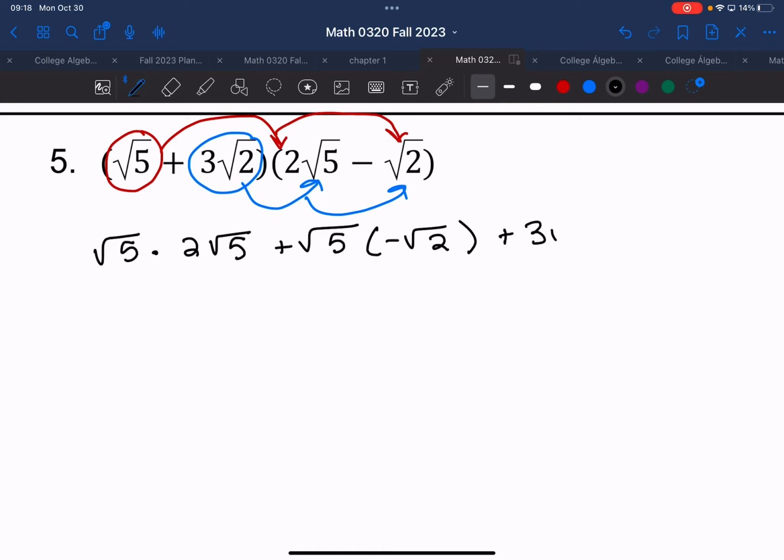So then I have 3 square roots of 2 times 2 square roots of 5. And then 3 square roots of 2 times negative square root of 2. So this is me writing out that whole step before I'm going to start combining like terms.